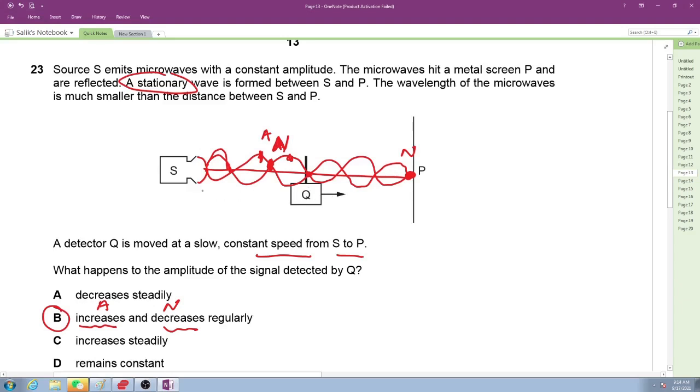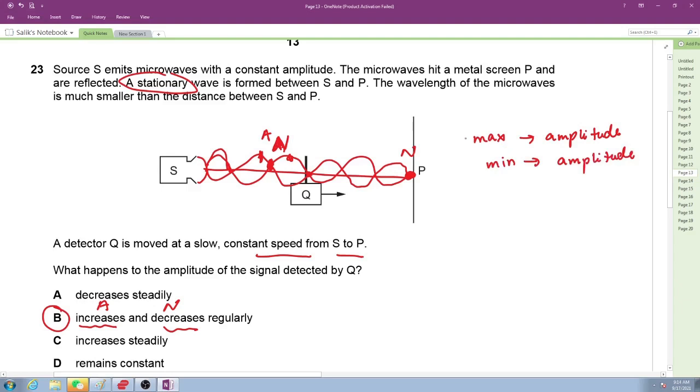between S and P. At some places we are going to get maximum amplitude, and at some places we are going to get minimum amplitude. Now the question is at which point we get the maximum and at which point the minimum amplitude.